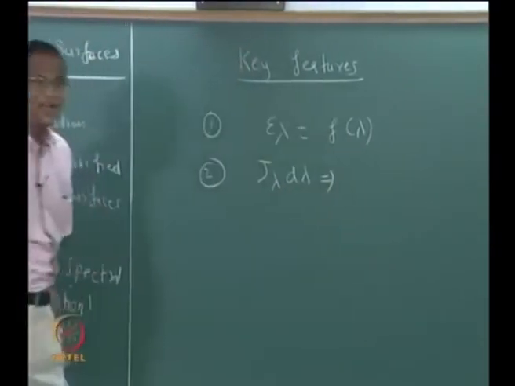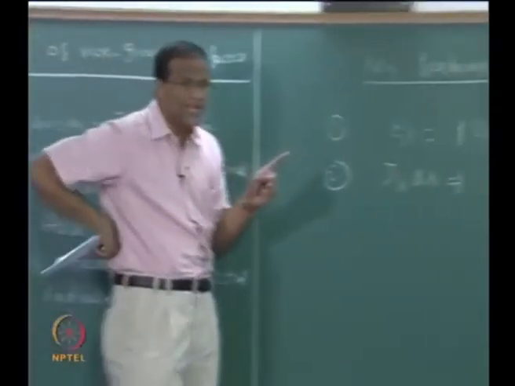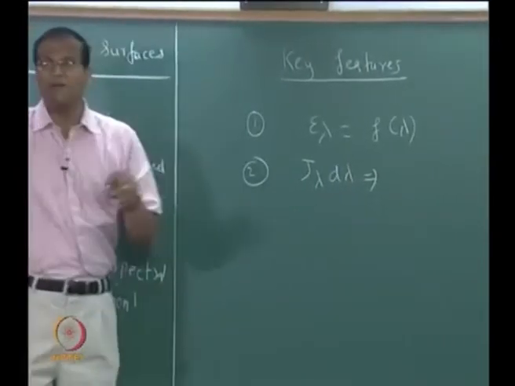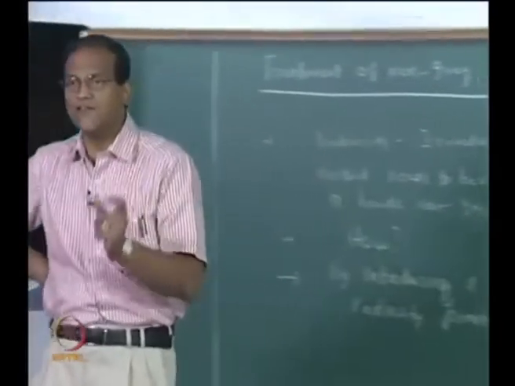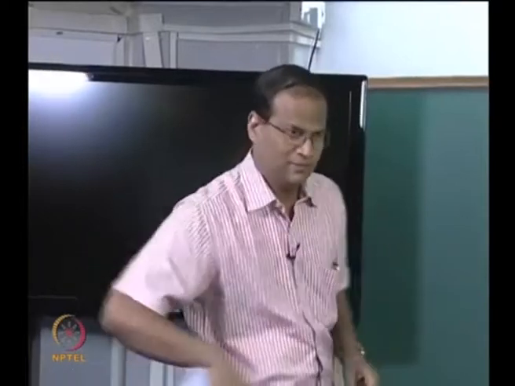Now instead of j, watch here. Instead of j, it is j lambda d lambda, which is the net radiation leaving a surface in a wavelength interval d lambda about lambda.